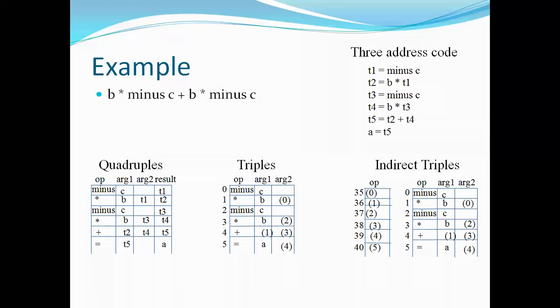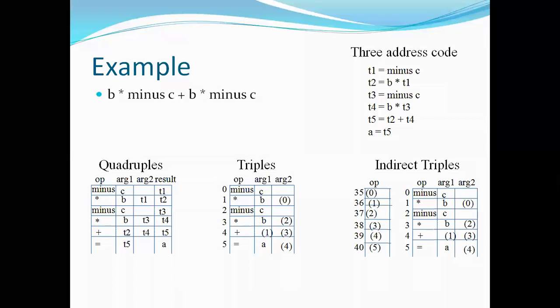But in terms of utility, indirect triples save some amount of space compared to the quadruple representation. But using a separate table, that is referencing with pointers in a separate table, does it come under a merit or demerit? Here we have a question for that.